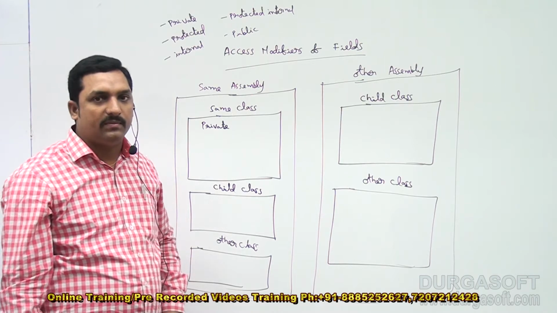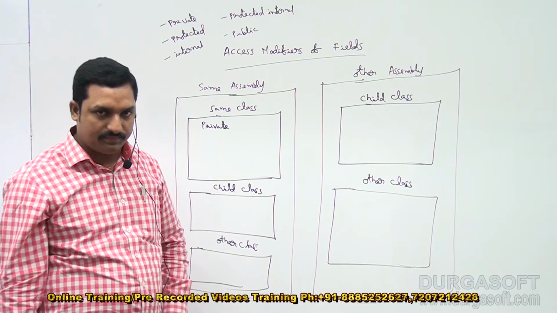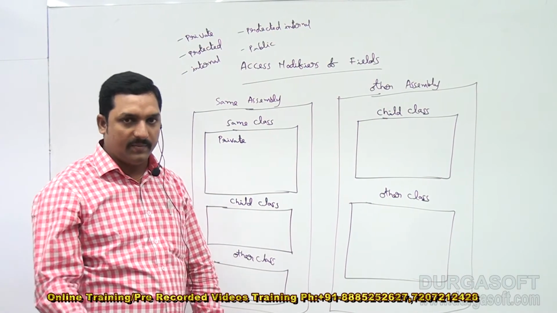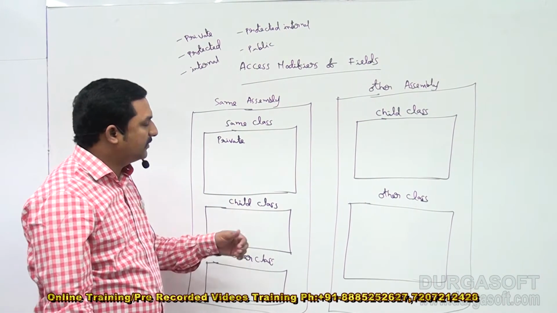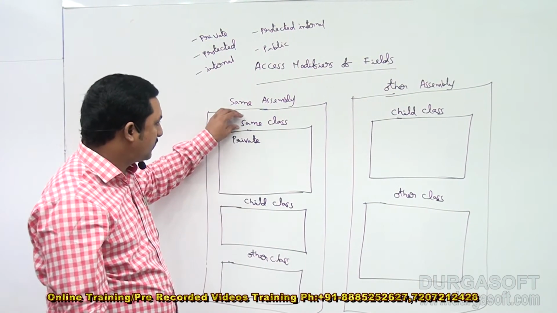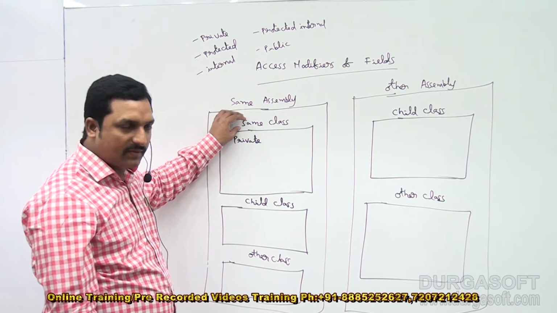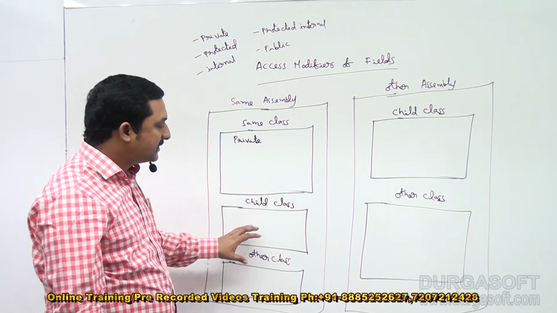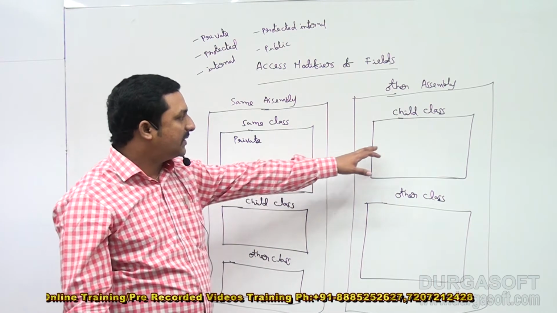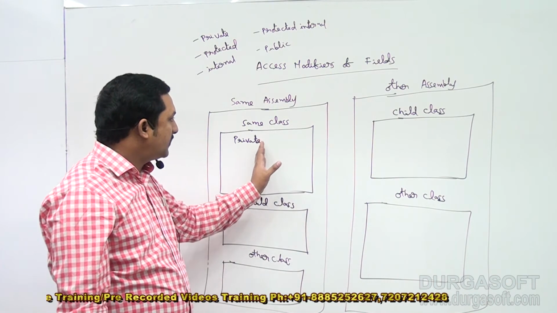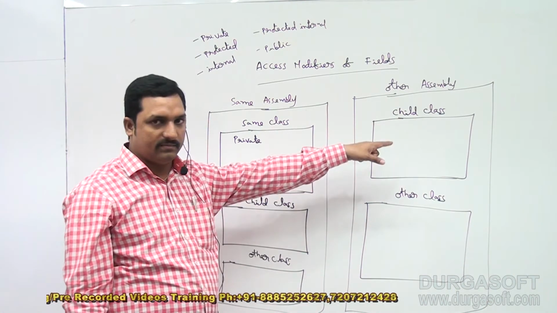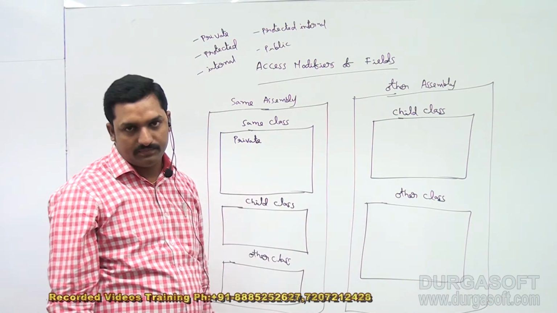Here member means maybe a field or method. Fields and methods, all these are what? Members. So you can also say field. The private field of this particular class is accessible within the same class only. Can I access that private member here? No. Here? No. The private member belonging to this class is not accessible anywhere else.